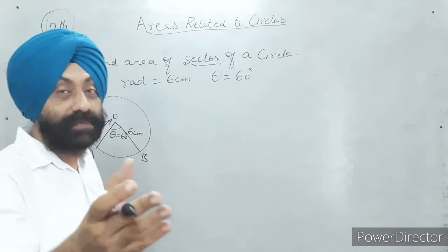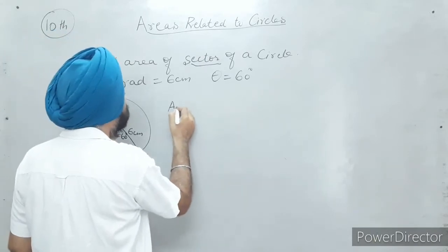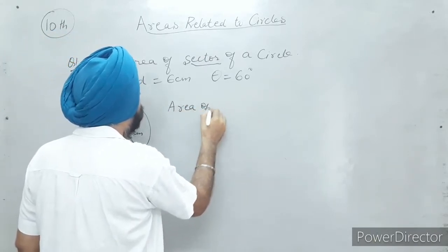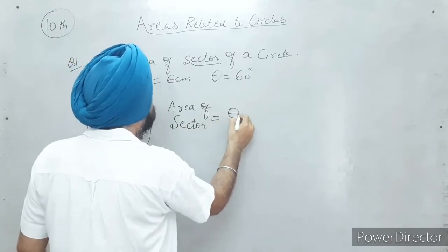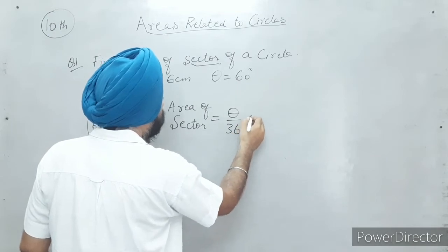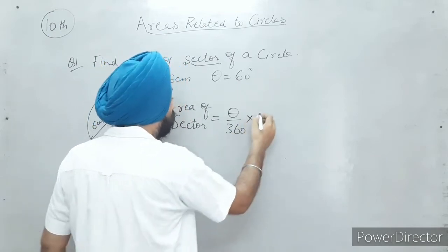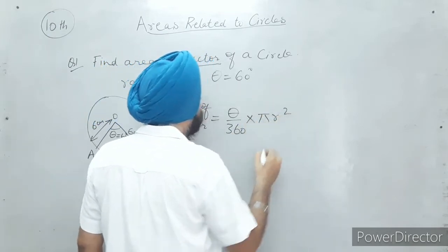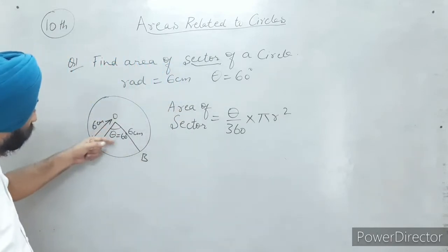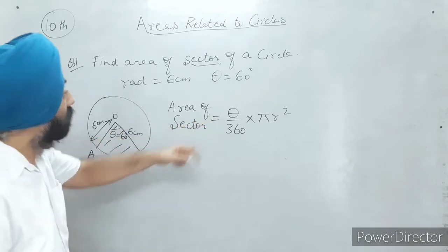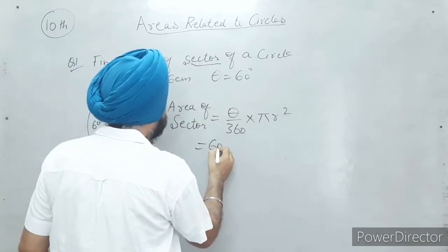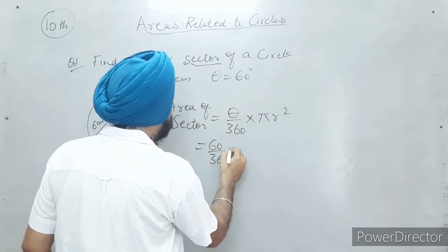Now I hope you remember the formula. Area of sector equals theta upon 360 multiplied by pi r square, right? Now theta is given to us as 60 degree upon 360.